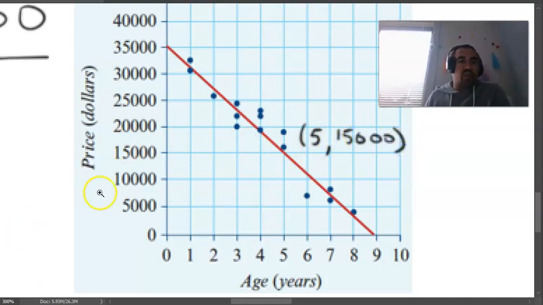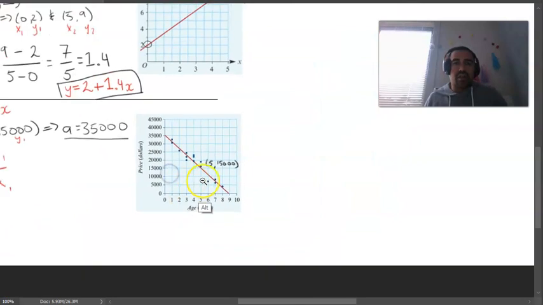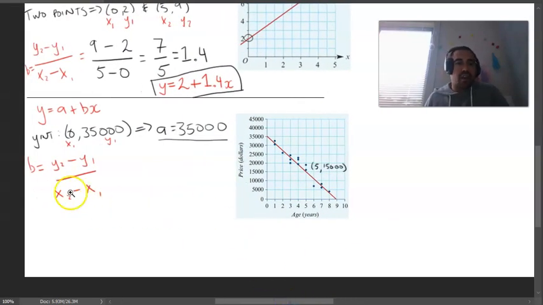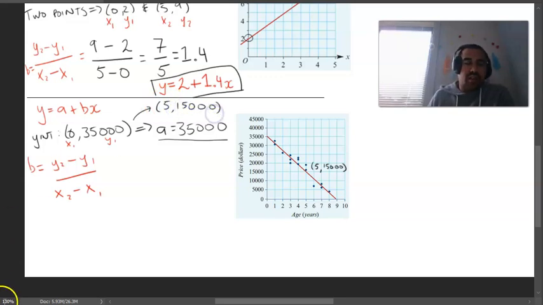So that's the point that I'm going to use. So our second point in this case, we're going to use 5 and 15,000, and this is going to be our x2 and our y2.